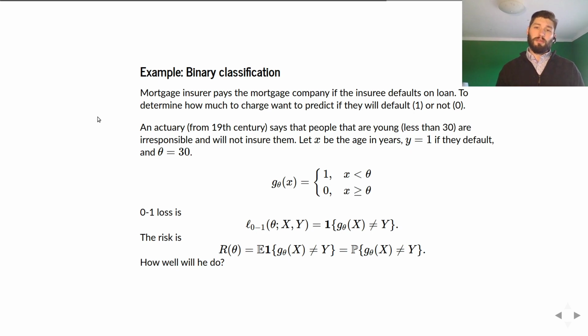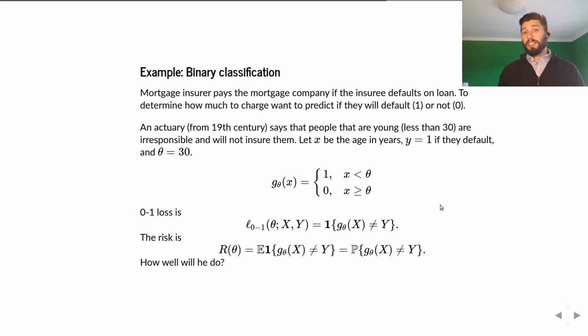Implicitly, if we define X to be the age of a person in years and Y to be whether they default, then they're predicting a 1 for default if the age is less than some theta equals 30, right? And now we could define a loss to be, for example, the 0-1 loss, whether they were correct or not.